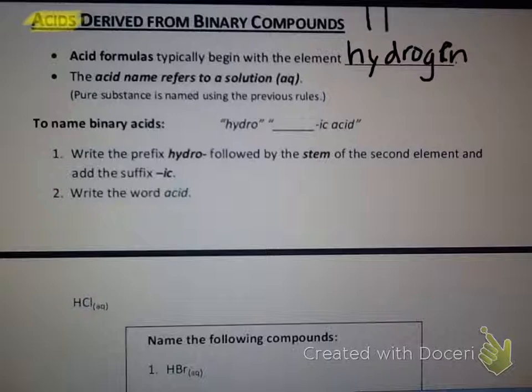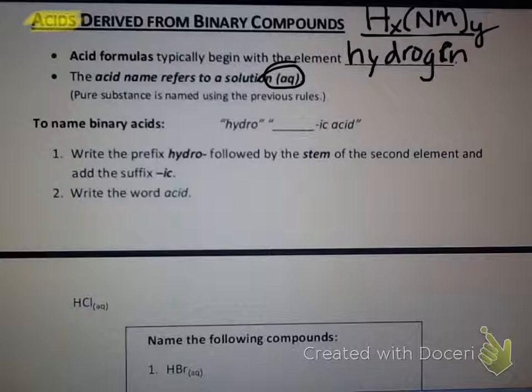Typically, the formula here is hydrogen and then some other non-metal. You'll have so many hydrogens and so many of the non-metal. So if you ever see a formula start with hydrogen, and that formula has an aqueous symbol behind it, AQ, which means dissolved in water, then you have an acid. How are we going to name acids?